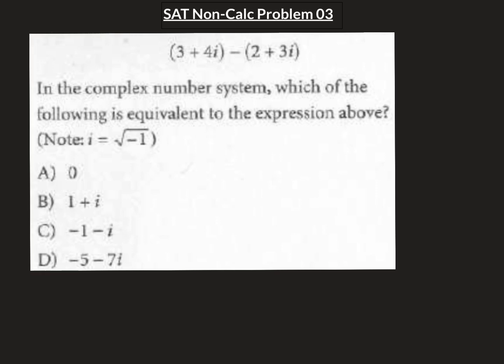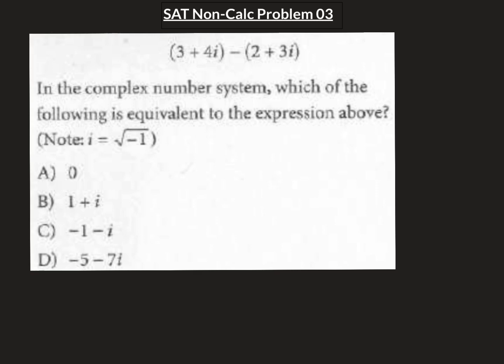So here we have 3x plus 4i minus 2 plus 3i. In the complex number system, which of the following is equivalent to the expression above? Note that i is equal to the square root of negative 1. So this is quite simple because there's no multiplication or division or anything.